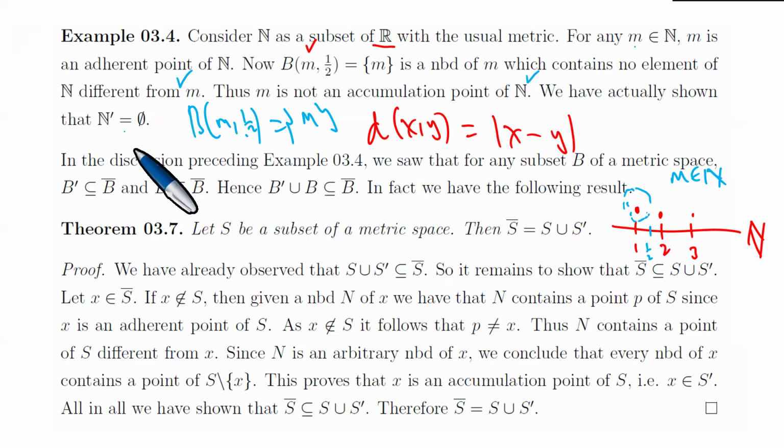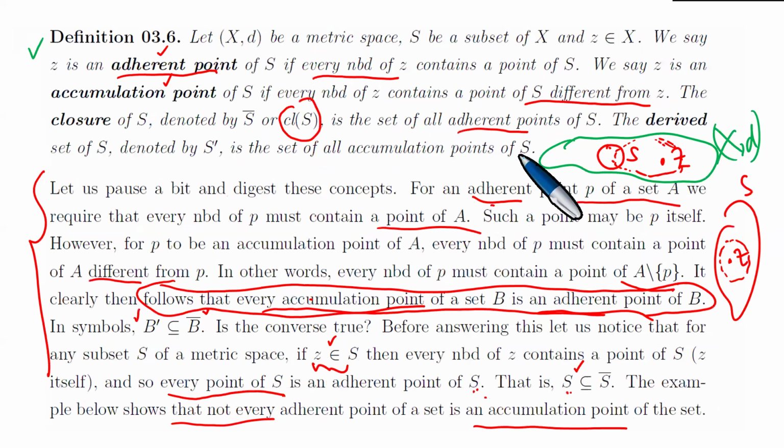We've actually shown that the derived set of the naturals is empty. In other words, the derived set of S, which you call S primed, is the set of all accumulation points. And we then said it is what?